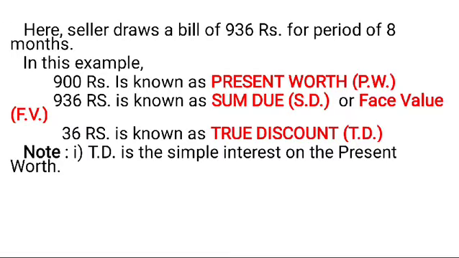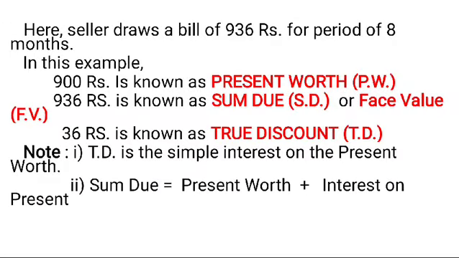So mainly we will deal with these three terms. True discount is nothing but the simple interest charged on the principal value, the present worth. So what is the formula of true discount? The simple interest charged on present worth, means TD is equal to PW into N into R upon 100. Then how to calculate sum due?